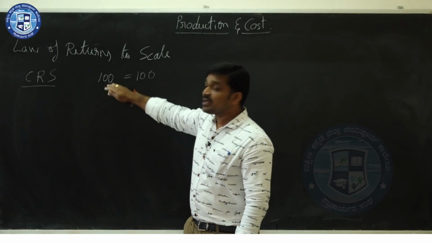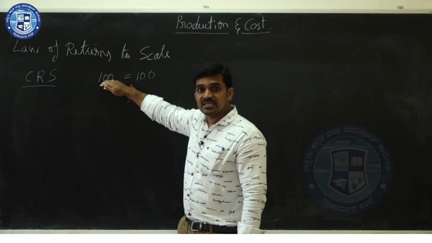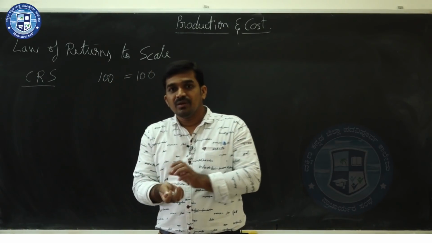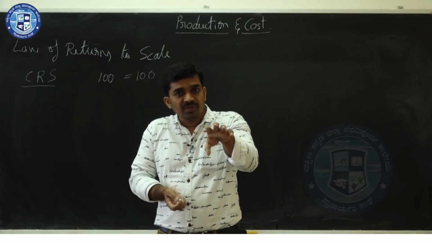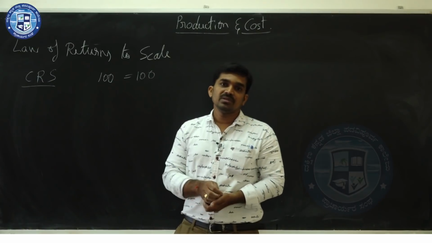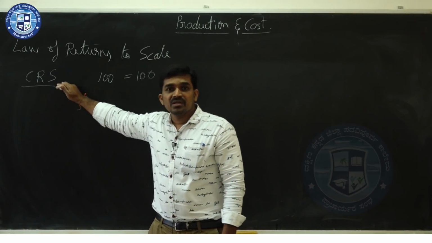If we consider a 100-fold increase in input and a 100-fold increase in output, it is the same proportion. When the proportionate increase in input equals the same proportion increase in output, it is considered a constant return to scale.